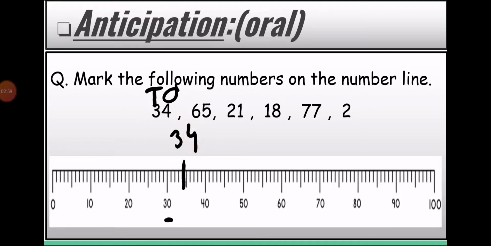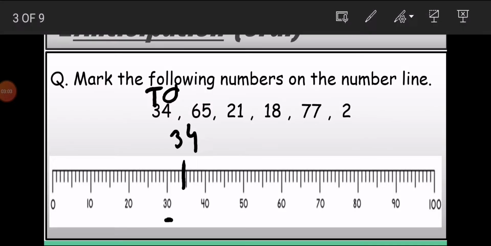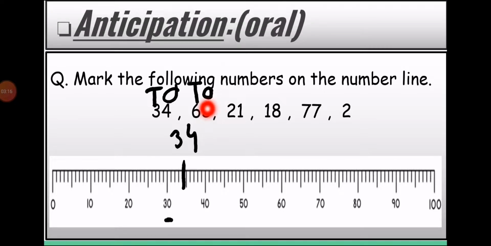Now the next number, 65. So I am going to put the place value first. In 65, 5 is on the right side. So I am going to put O for ones on 5. The next is 6. I am going to put T for tens on 6. So in this number 65, 5 is ones and 6 is tens. So we will find the 6 tens on the number line. So 0, 10, 20, 30, 40, 50, 60. Here is 60.